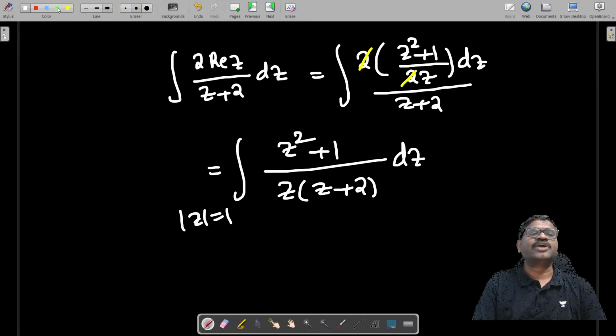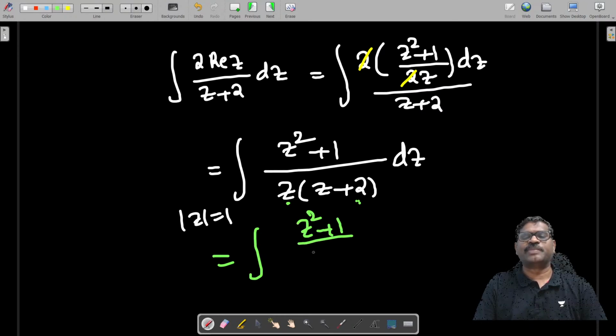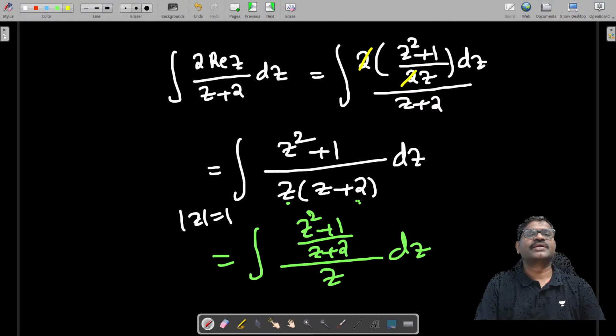Here z equal to 0 lies inside, z equal to 2 lies outside. That's why I am writing the integral of z square plus 1 by z plus 2, by z, dz. This is f of z.